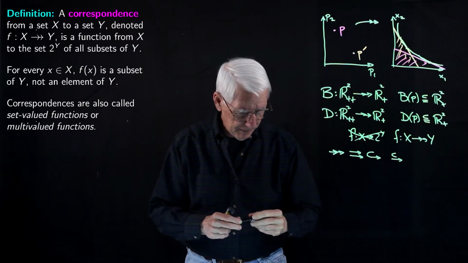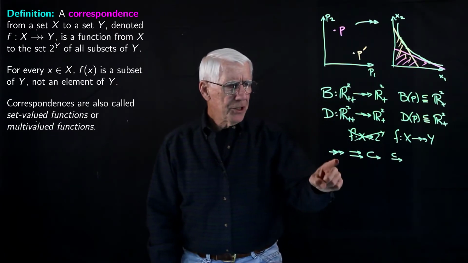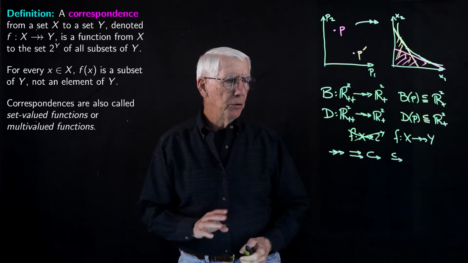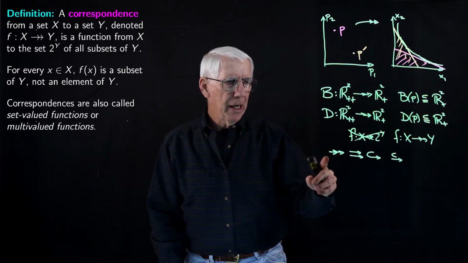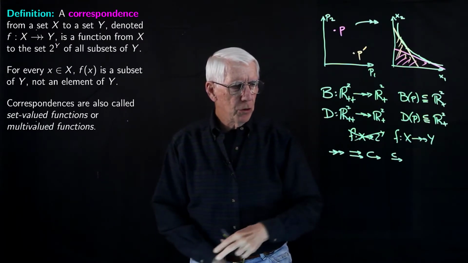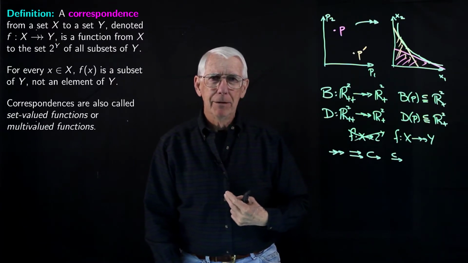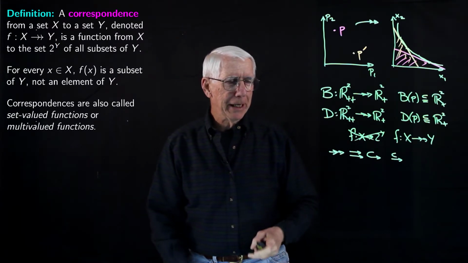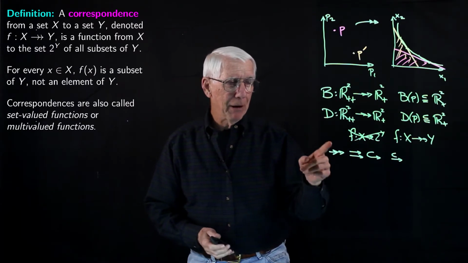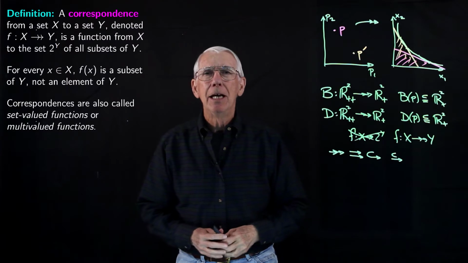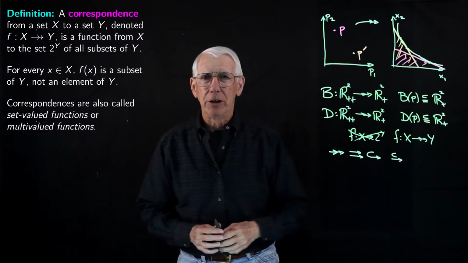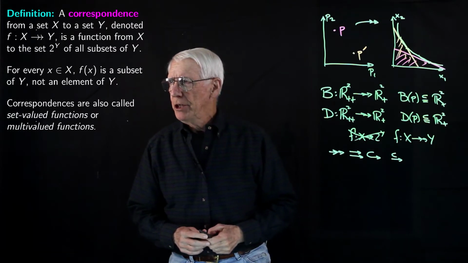I think this is the one that most people use now, but I will say that the first time it was used, that was me, in a paper in the International Economic Review a long, long time ago. I believe I was the first person to use this notation, and it seems to have been picked up by just about everybody else as the notation they typically use for correspondences.